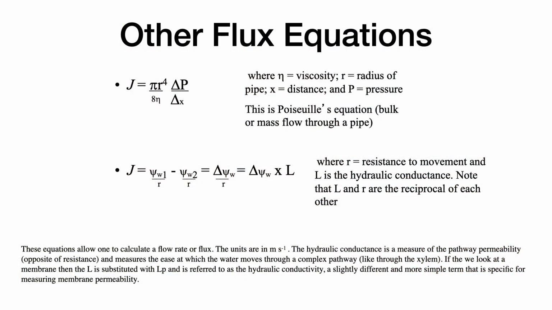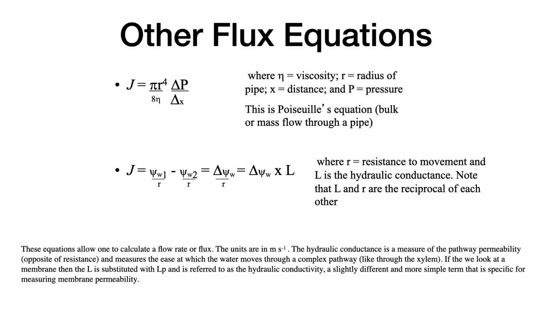The other terms refer to the viscosity of the liquid, in this case water, being moved, and the radius of the pipe. The larger the radius, the more quickly the water can move. And pi is just a mathematical term.